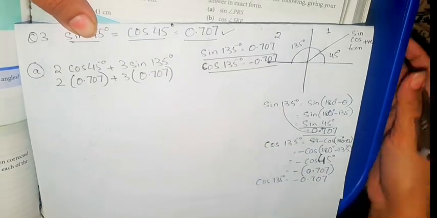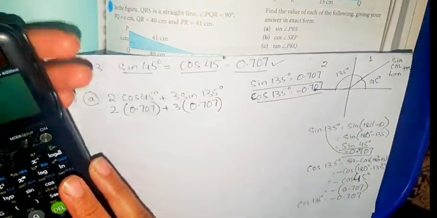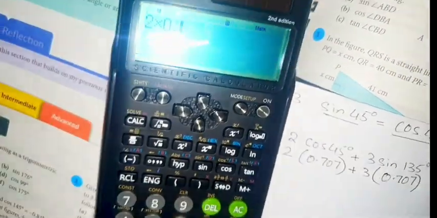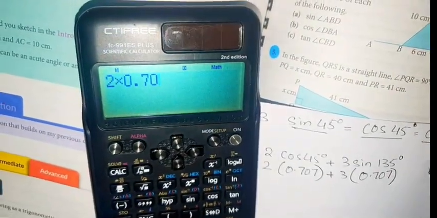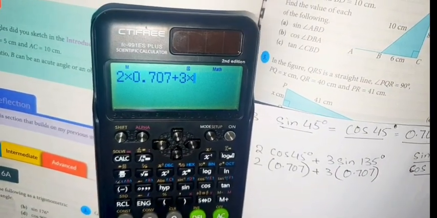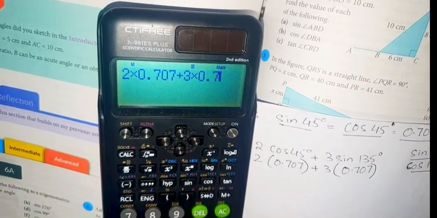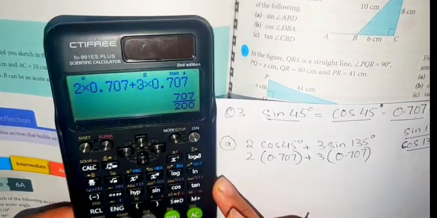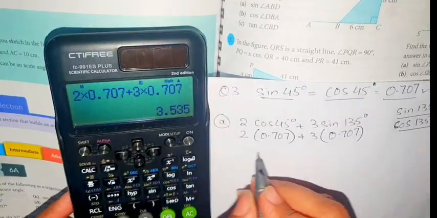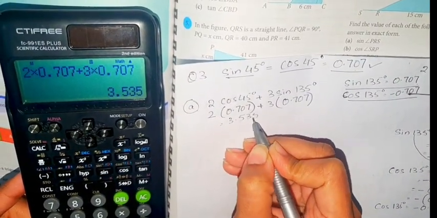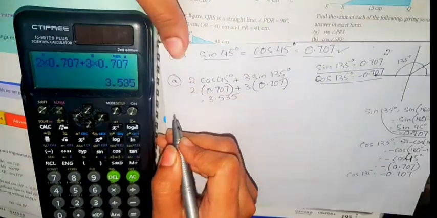Now take your calculator and solve it quickly. 2 times 0.707 plus 3 times 0.707 equals 3.535. So this was part A.